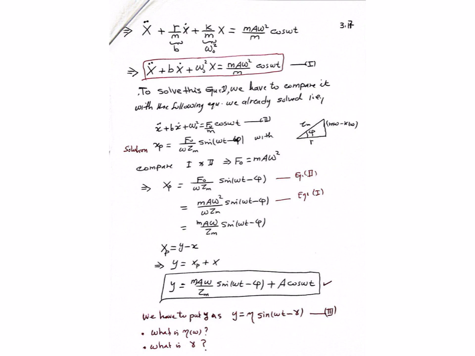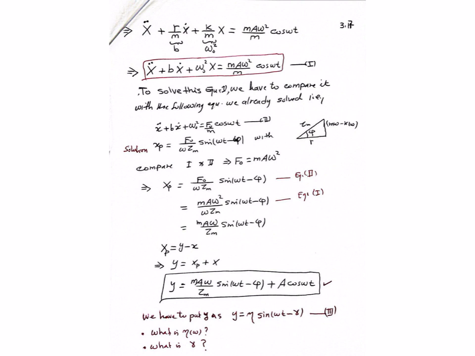We already know, if you look at equation 2 in this slide, we already solved this equation, which is x double dot plus b x dot plus omega 0 squared x equal F0 over m cosine omega t. There's a missing x here. The particular solution is x p equal F0 over omega Z m sine omega t minus phi. You know the meaning of all these symbols.